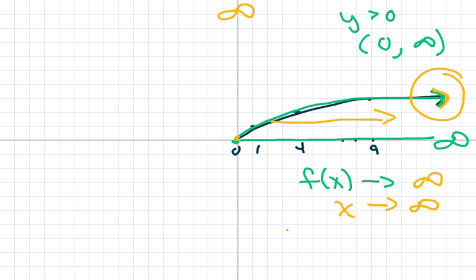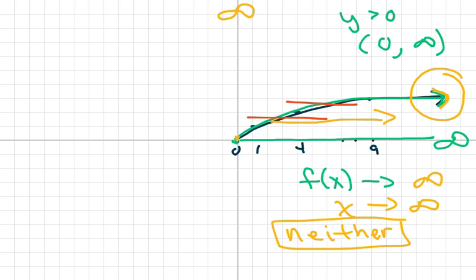So I'll just put neither here because you have to answer that. And is this function 1-to-1? Yes, it is. If you do a horizontal line test here, it might not look like it is, but it is 1-to-1. So we can do the inverse.